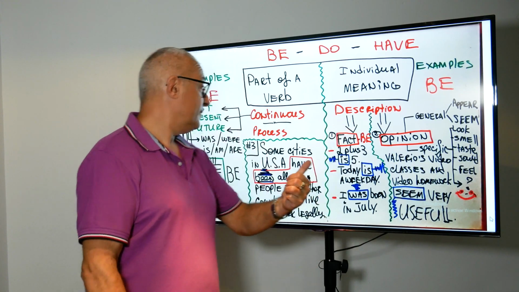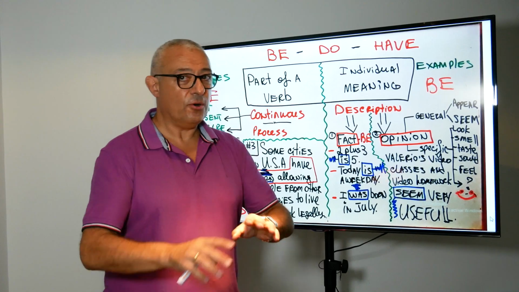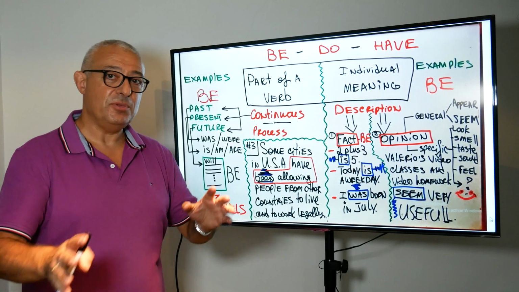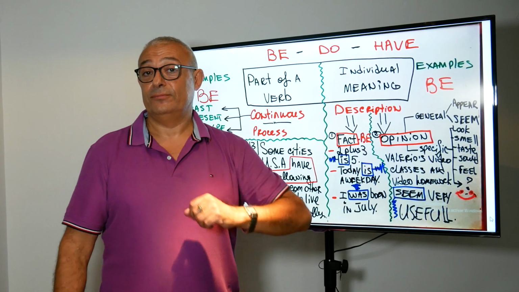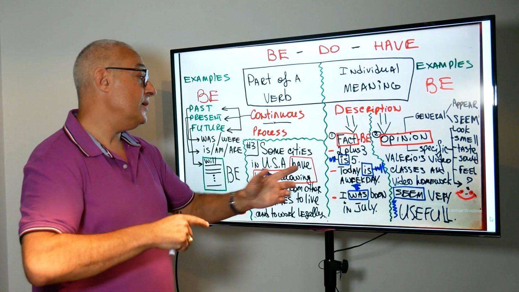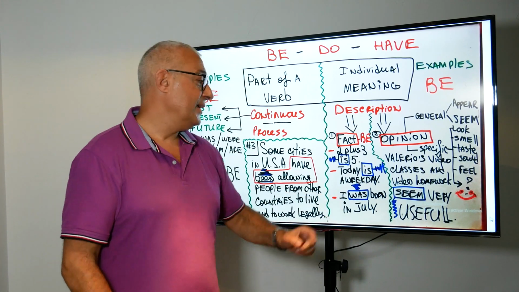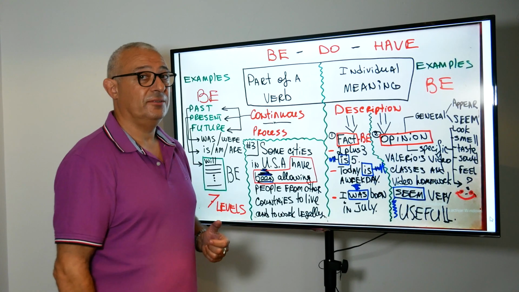And yesterday was Thursday. They're all facts. They're not opinions. I was born in July. I have a document that says when I was born. Was means that the information is a fact.